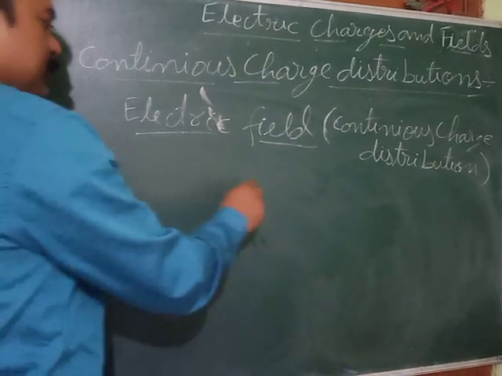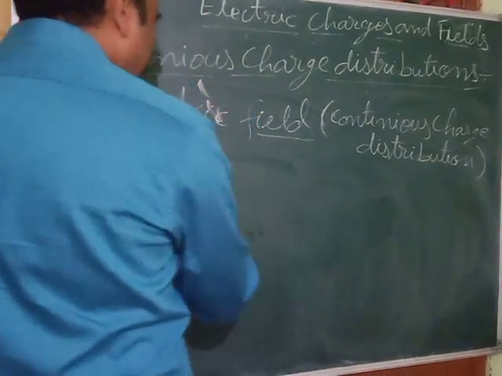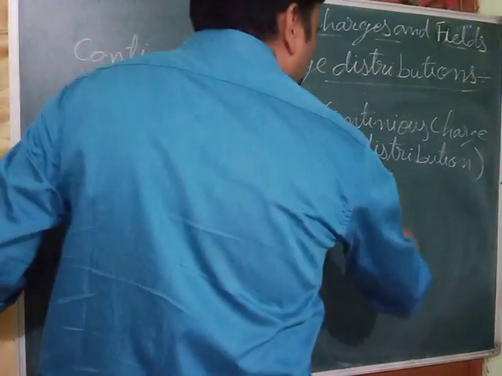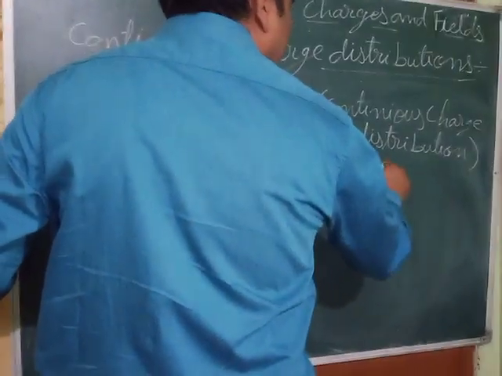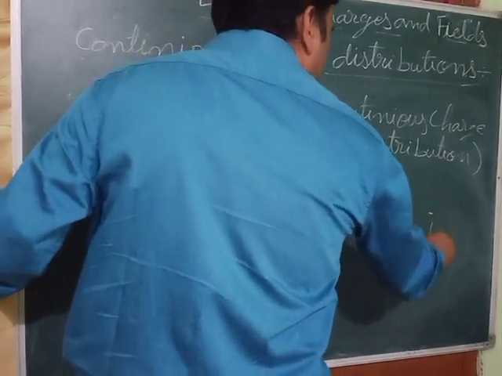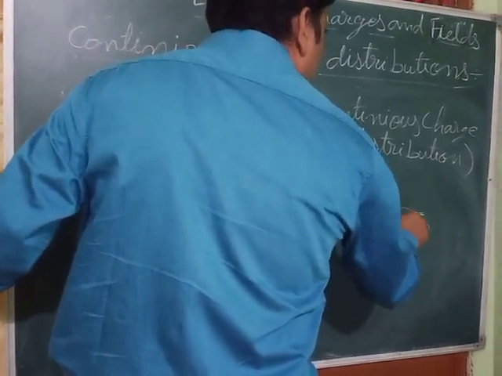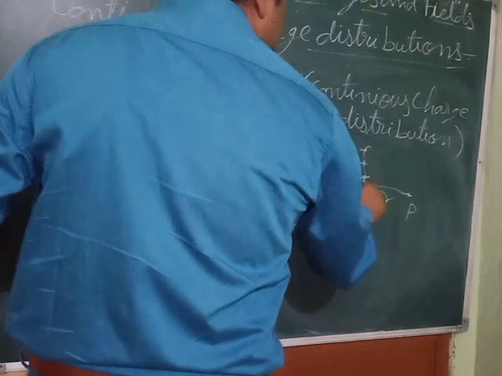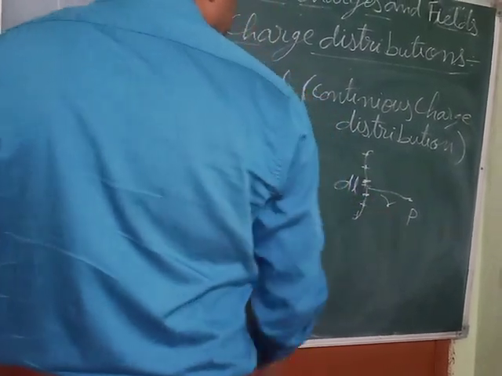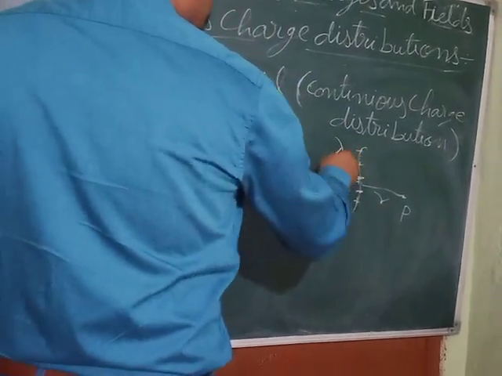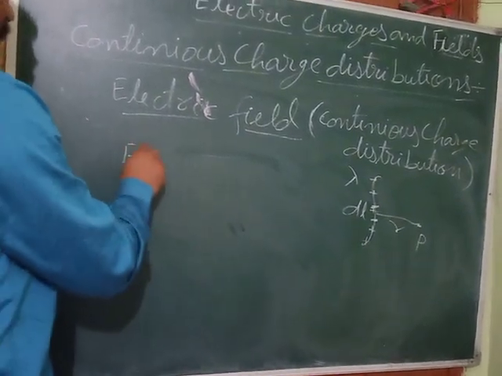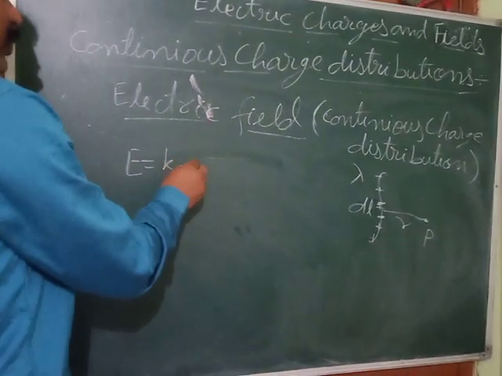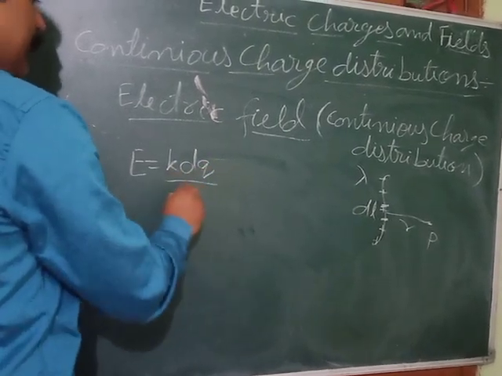Suppose a one-dimensional body, a wire, is charged, and you want to find the electric field at this point P, which is at distance r from your chosen small part dl, and its linear charge density is lambda. We can write the expression like this. We know that k q, instead of q, write dq upon r square.